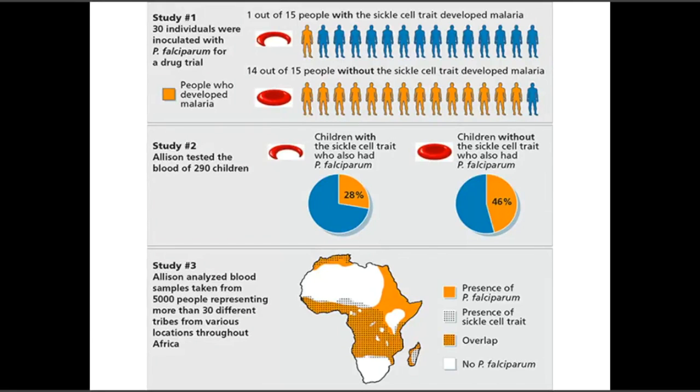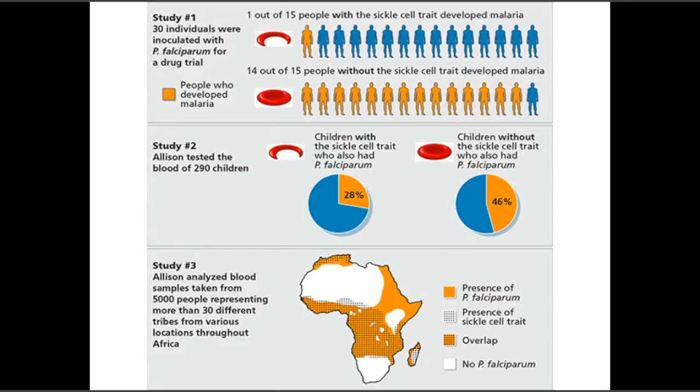In his third study, he took samples of over 5,000 people all over Africa and found that in the areas where the plasmodium was present, so was a high prevalence of the S allele, and vice versa. In this particular environmental situation, the S allele is viewed as being advantageous and thus is passed on to the next generation.